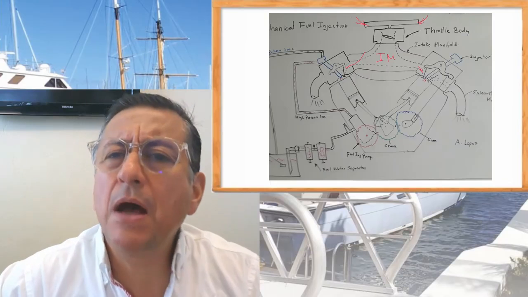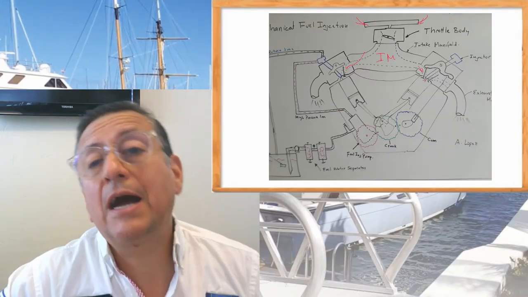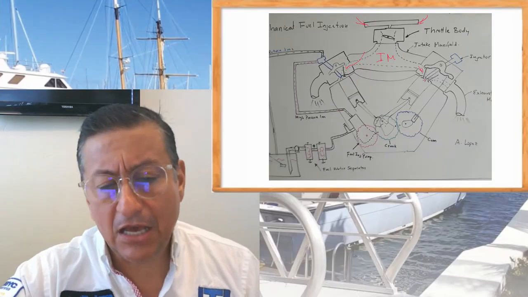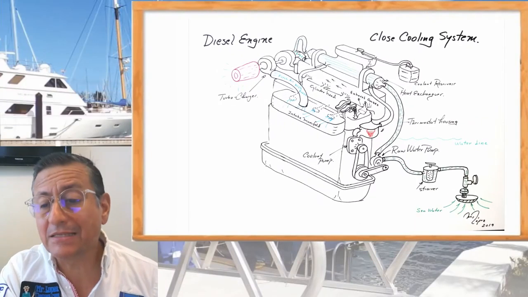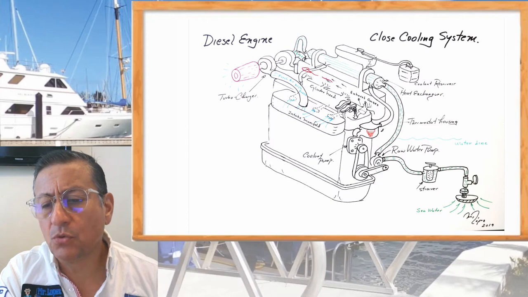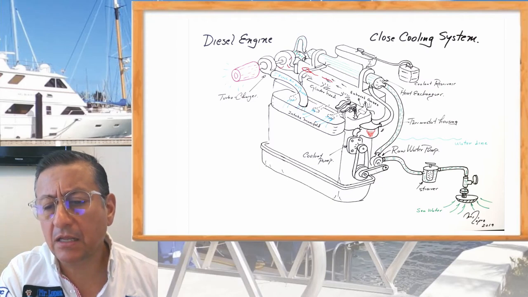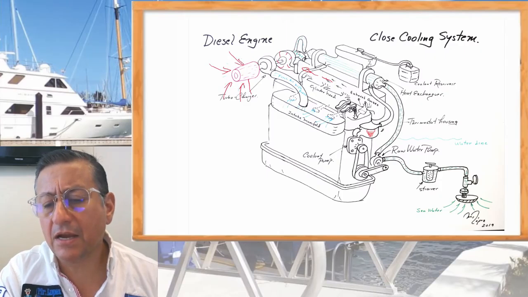And what about a supercharged or turbocharged engine? It's an engine that uses, like this one, the gases produced in the exhaust manifold to spin the turbine in the hot side of the turbo, and on the other side, the fresh air enters through the filter and is compressed at high pressure.